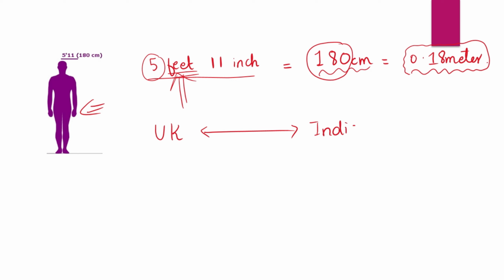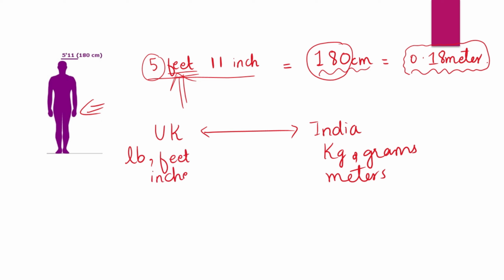In India they are using kilograms, grams, and meters. In the UK they are using pounds for measuring weight, and also feet and inches. So in order to communicate, we need a process which we call unit conversion.